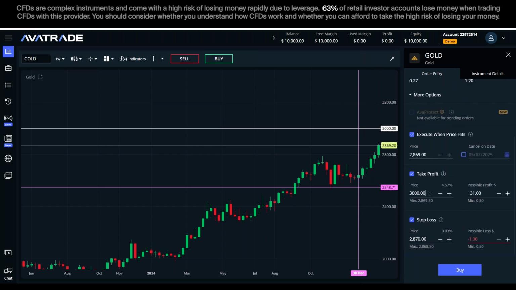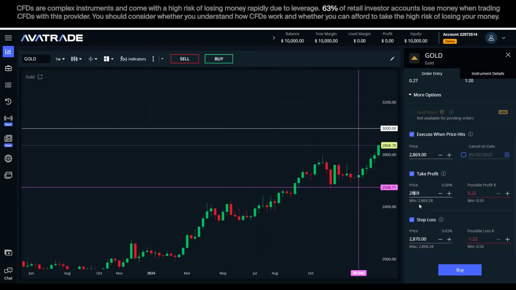For instance, instead of the 3,000 mark, if I just increase it by 100, like this, I can make 100. If I increase it by another 100, I can make another 100. If I increase it by another 100, never mind that this is a very far-fetched price considering where we are right now, I'm just demonstrating a certain concept.